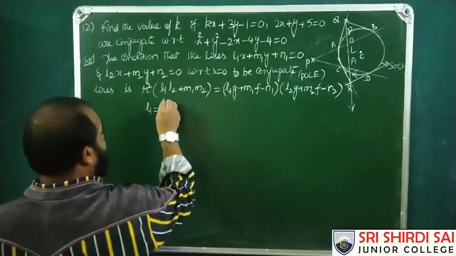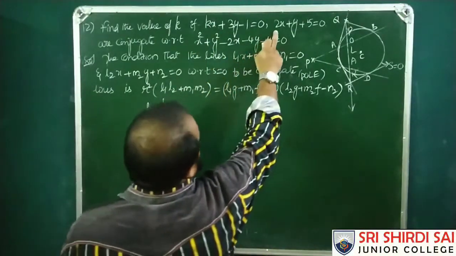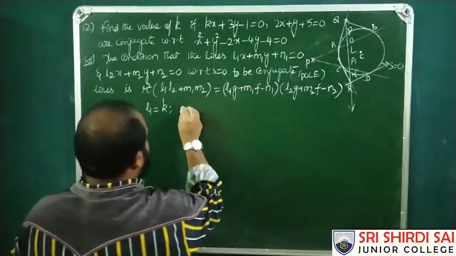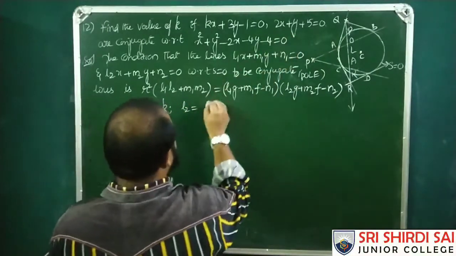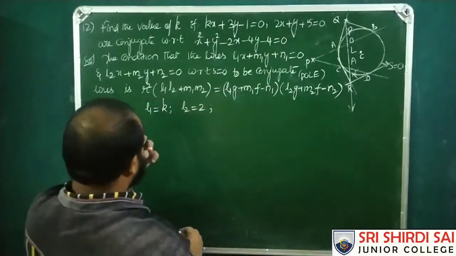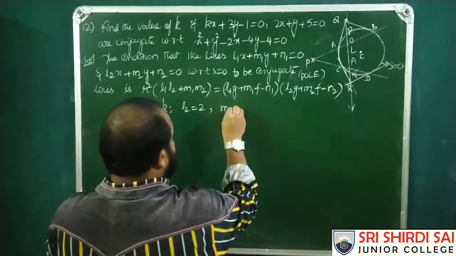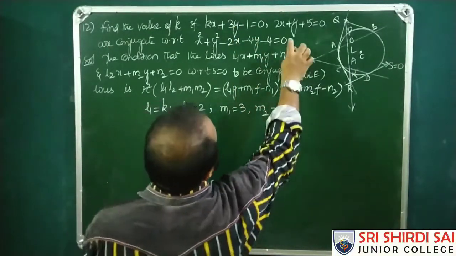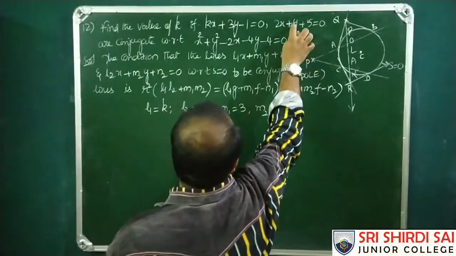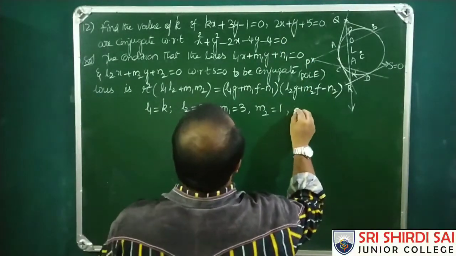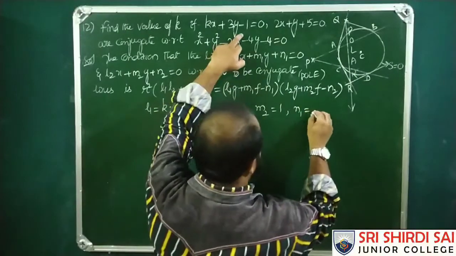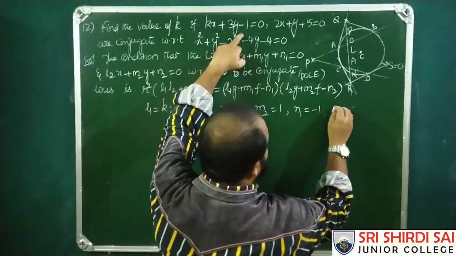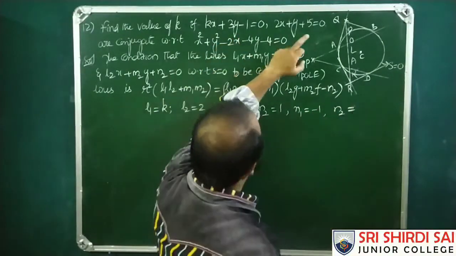Now, L1 x plus M1y plus N1 equals to 0: L1 is equals to k. L2x plus M2y plus N2 equals to 0: L2 is equals to 2. Next, M1 is 3, M2 is 1, coefficients of y. N1 is minus 1, N2 is 5.